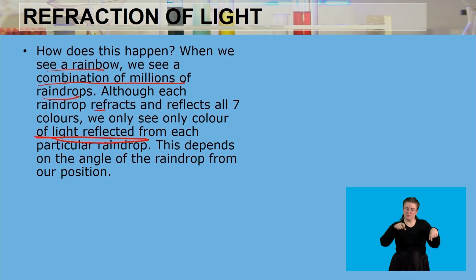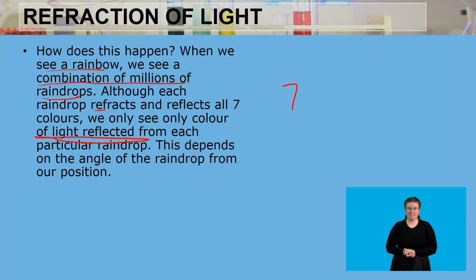So the light rays coming from the sun are going to be refracted and reflected over and over and over again. However, what you're going to be seeing is just the 7 different colors, not the millions and millions of groups of 7 colors that are reflected and refracted from those millions and millions of raindrops. We're just going to be seeing the 7 different colors.